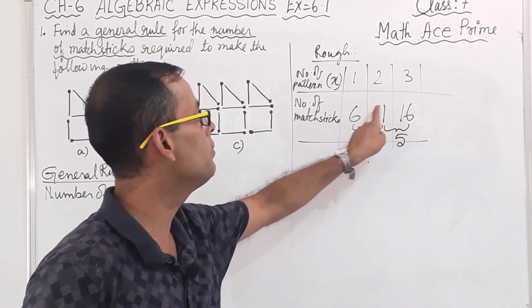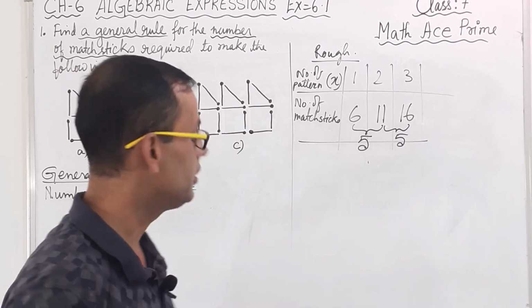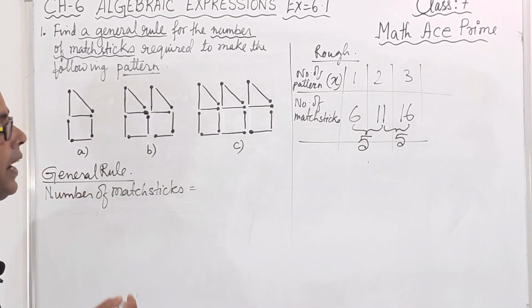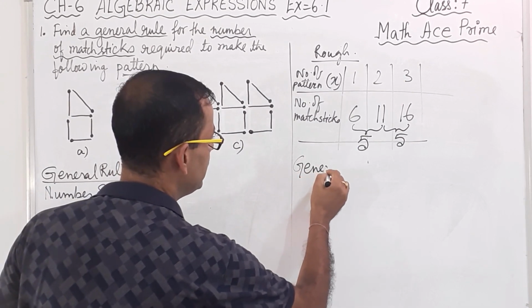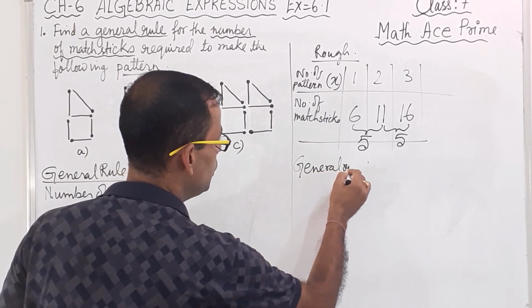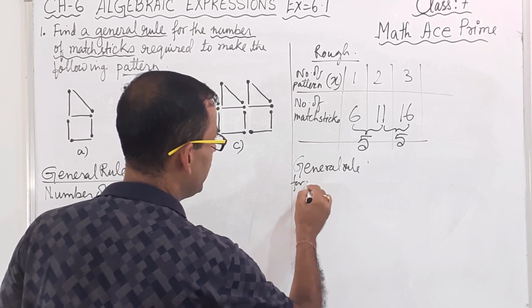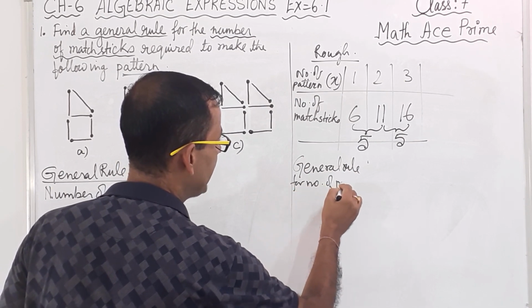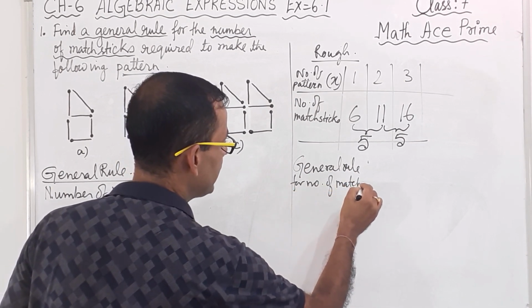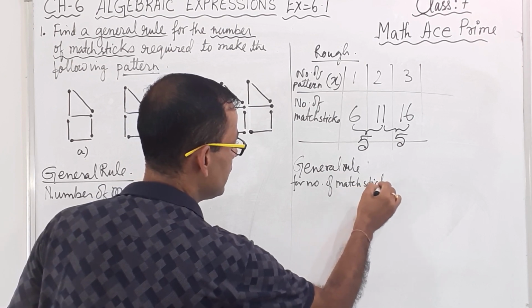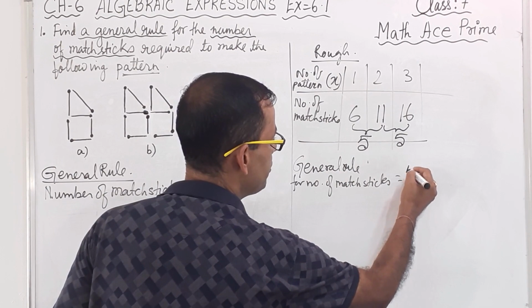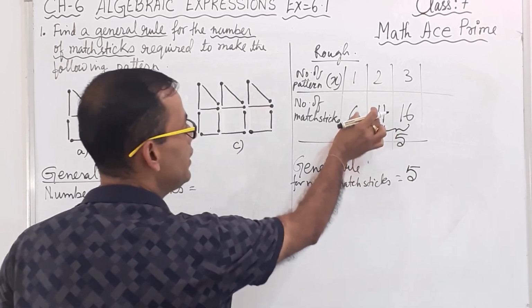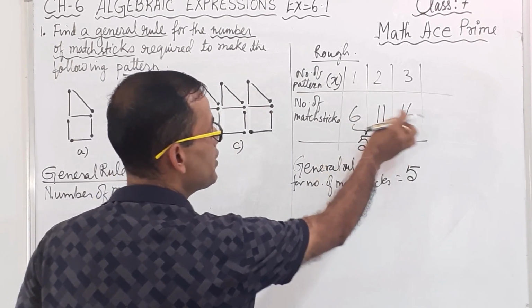Again 16 minus 11 is what? 5. So if I make the general rule for the number of matchsticks, in this way, see, 5 is coming, the difference between these two, again the difference between these two.